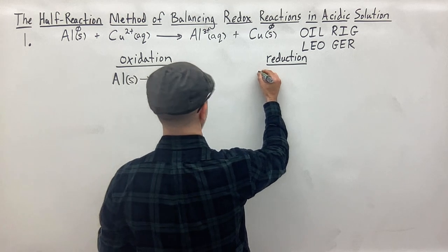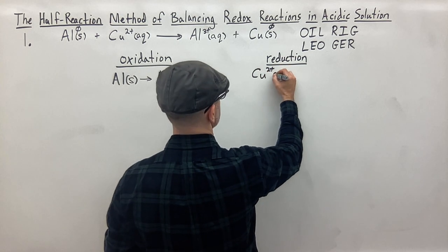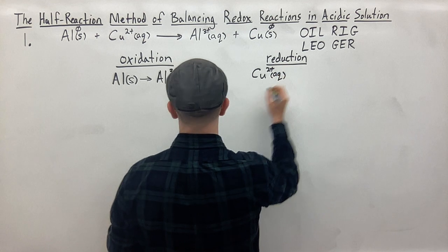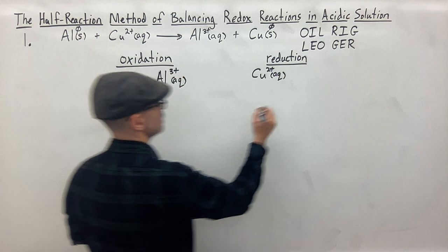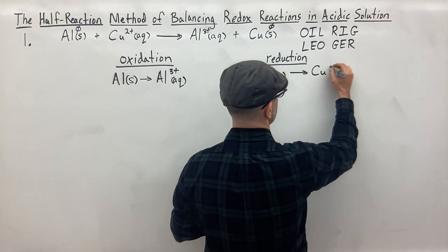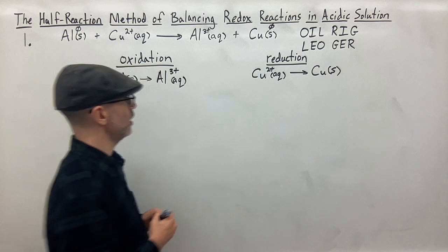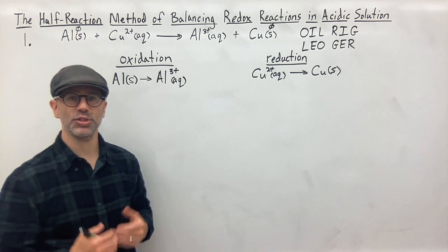So we're going to write the half reaction. Cu2+ aqueous, and I should put aqueous here. We don't want to forget the states. And that's going to go to Cu solid. Okay, so now we have it divided up into our two half reactions.